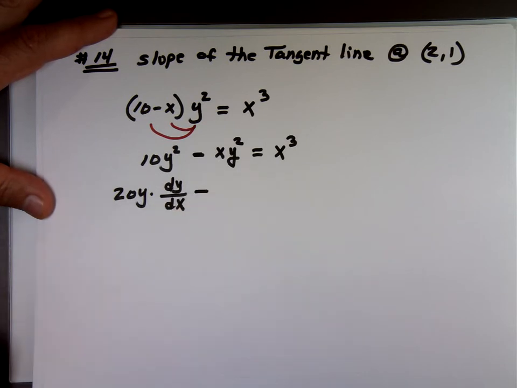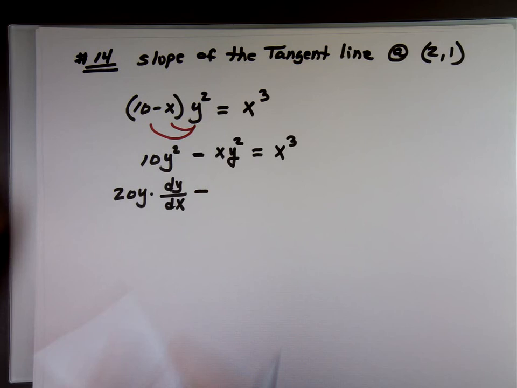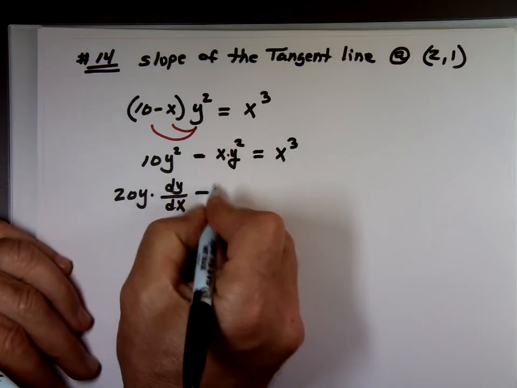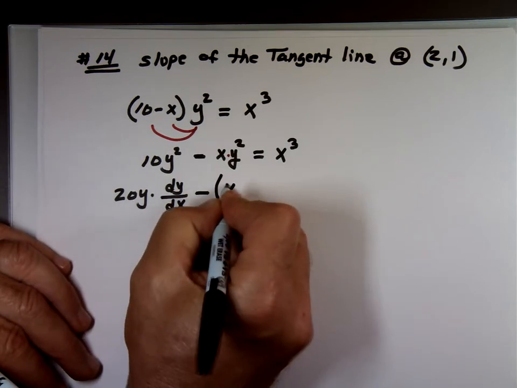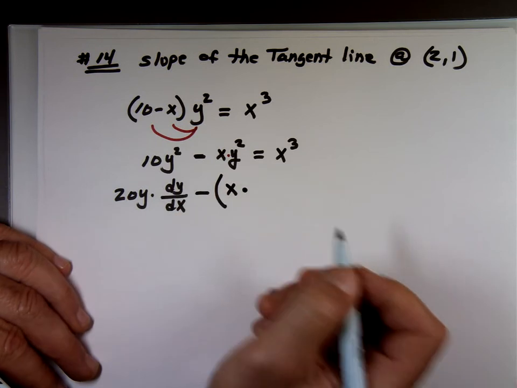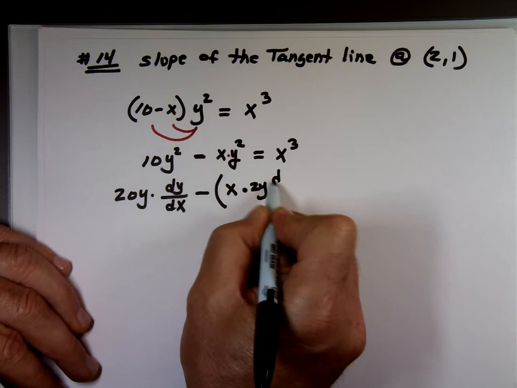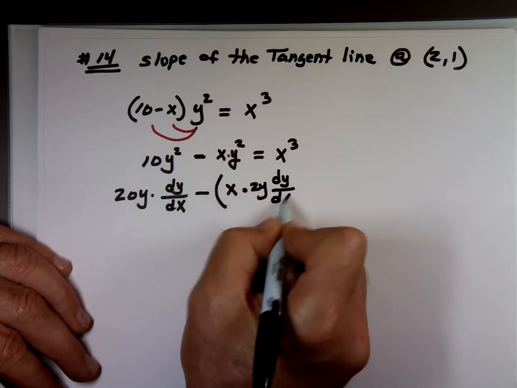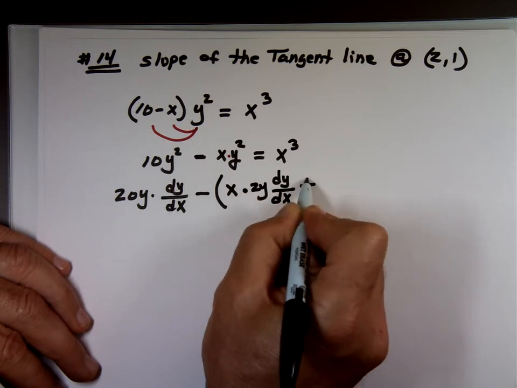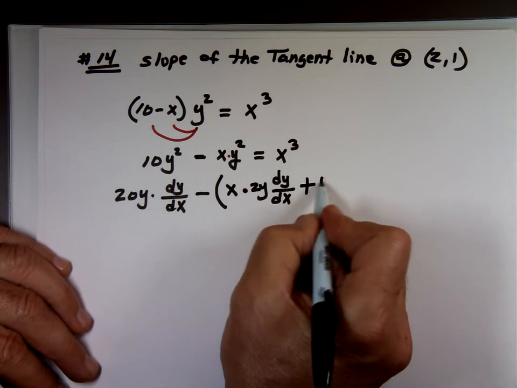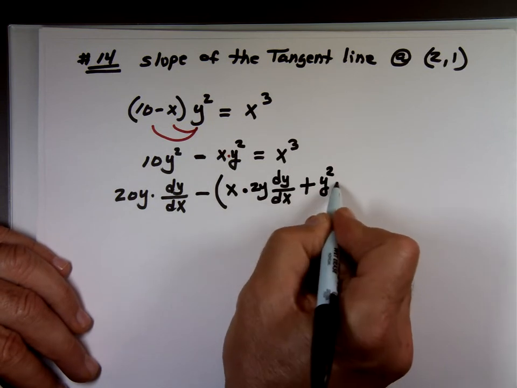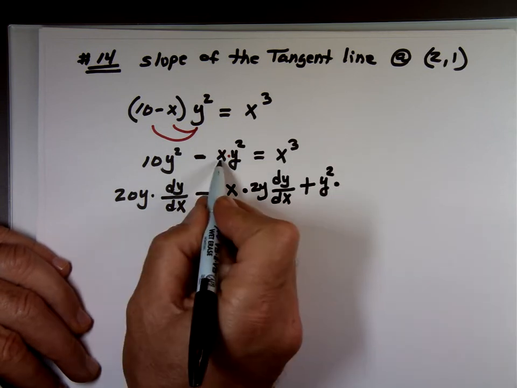I have a multiplication here, that's x times y squared. So it's going to be the first, which is x, times the derivative of y squared, which is 2y dy/dx, plus the second, which is y squared, times the derivative of the first. What's the derivative of x? 1.